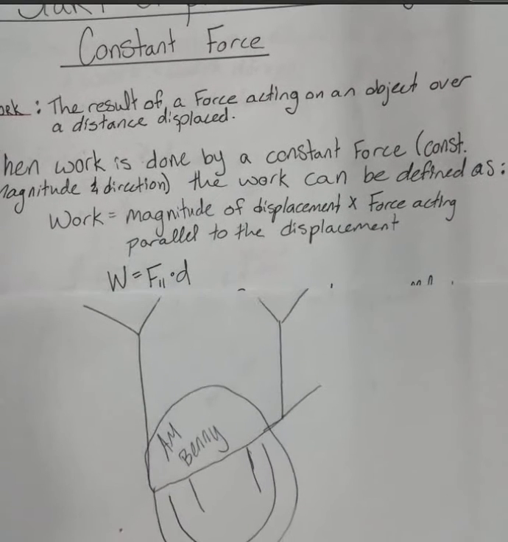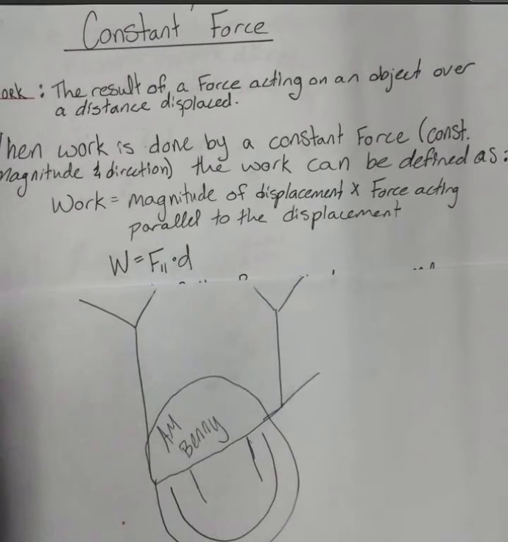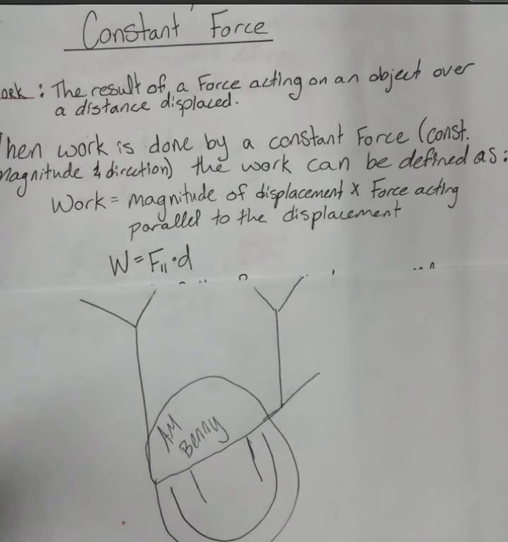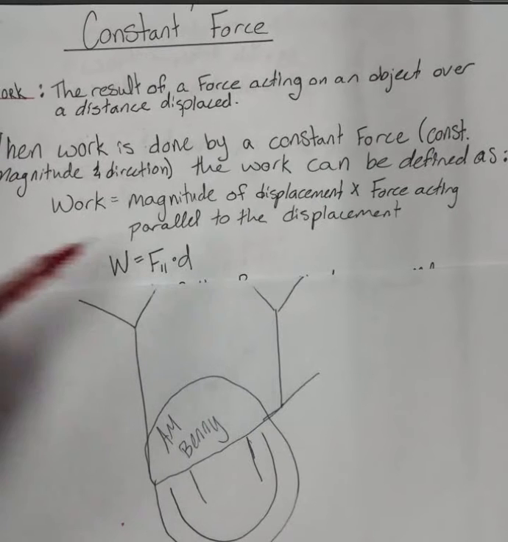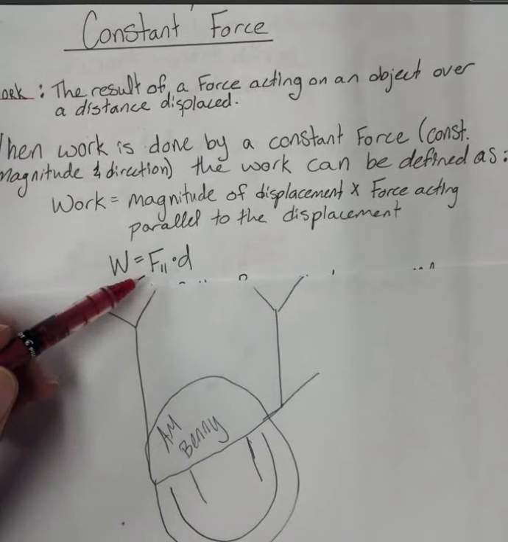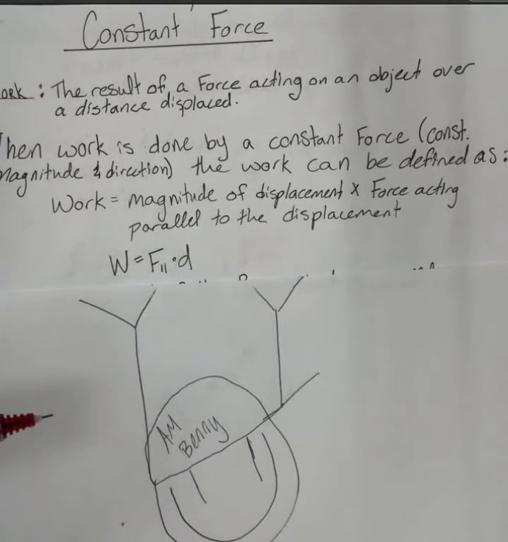We can write that symbolically as work equals the parallel component of the force times the displacement that it underwent. It's very important to note that in order for work to be done, the force that was applied has to have some component or some piece that acts in the same direction as its displacement.